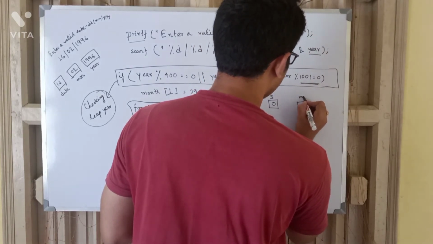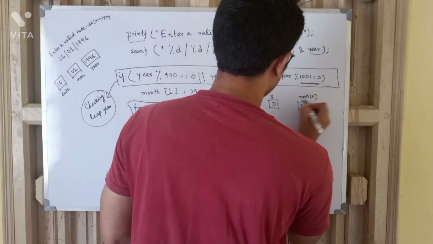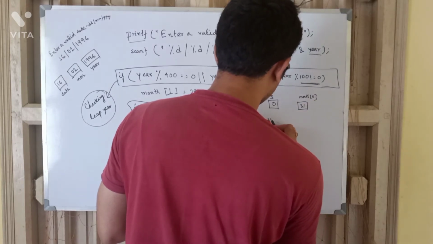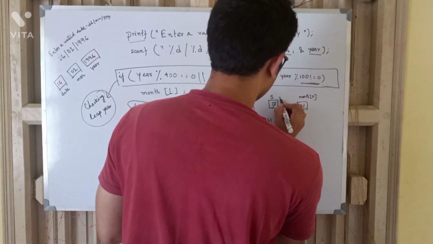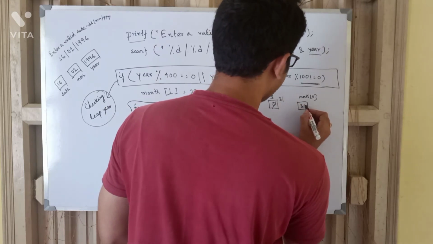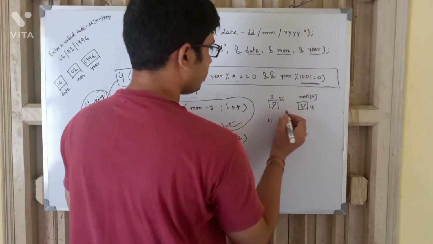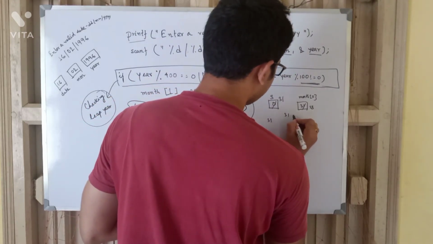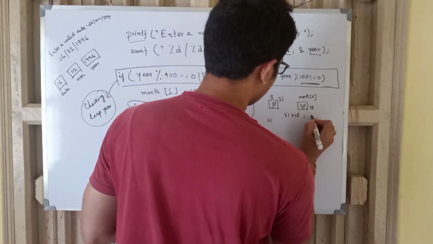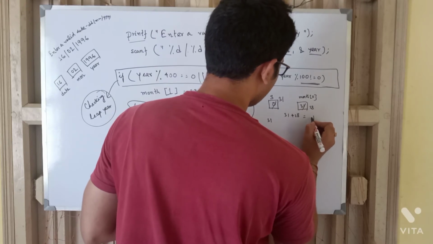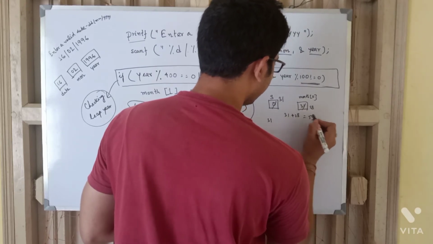In the first iteration, S is 0 and month of 0 is 31. In the second iteration, S will be 31 and month of 1 is 28. So 31 plus 28 equals 59.